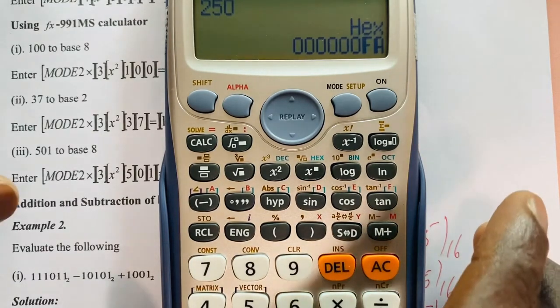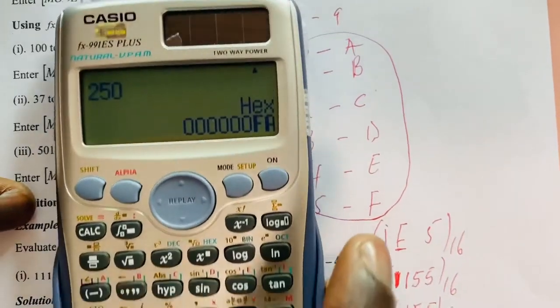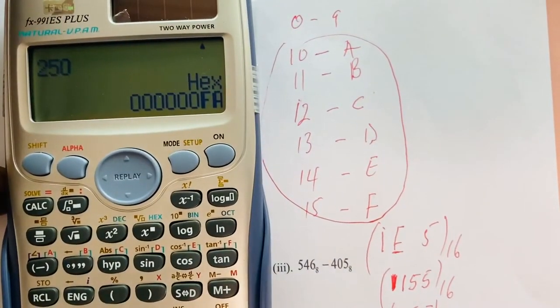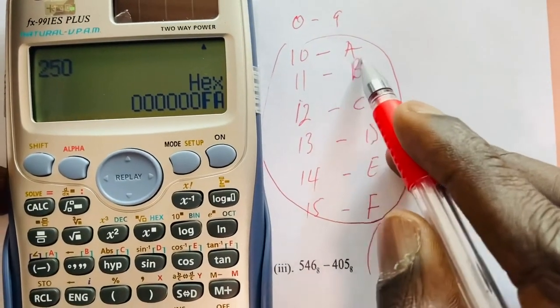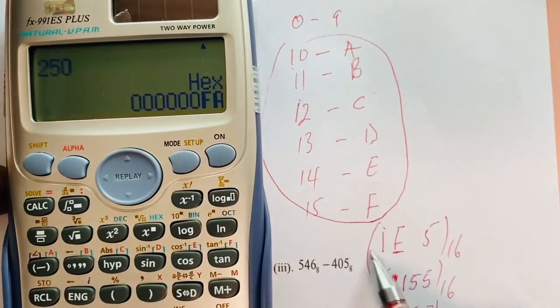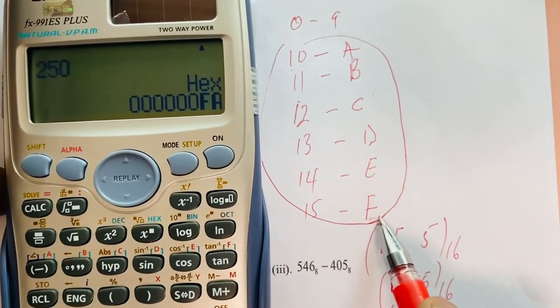Now, when we have FA, I have already explained this. A is 10, and F is 15.